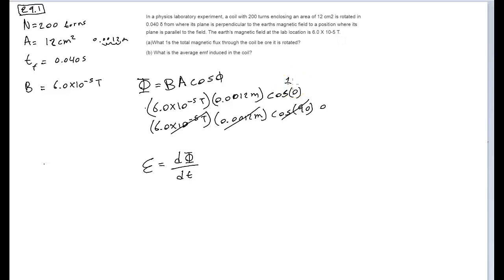So I will multiply this over here to get the flux. This is initial, this is final. So that's 6.0 times 10 to the negative 5 times 0.0012. It's equal to 0 for the final, and the initial was 7.2 times 10 to the negative 8 teslas.